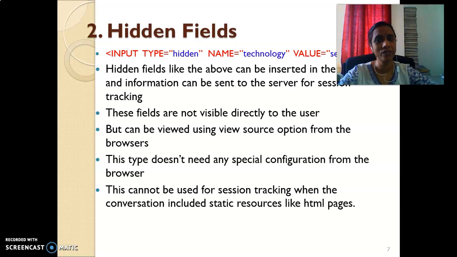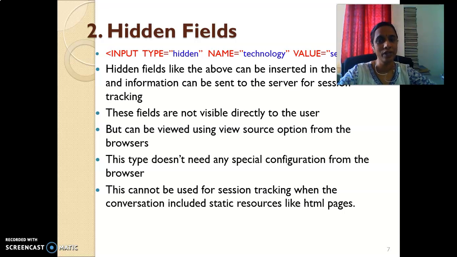Hidden fields like these can be inserted in the web pages and information can be sent to the server for session tracking. These fields are not visible directly to the user but can be viewed using the view source option in browsers. This type doesn't need any special configuration from the browser, and it cannot be used for session tracking when the conversation includes static resources like HTML pages.